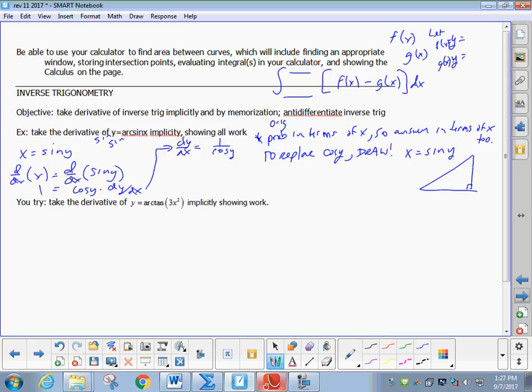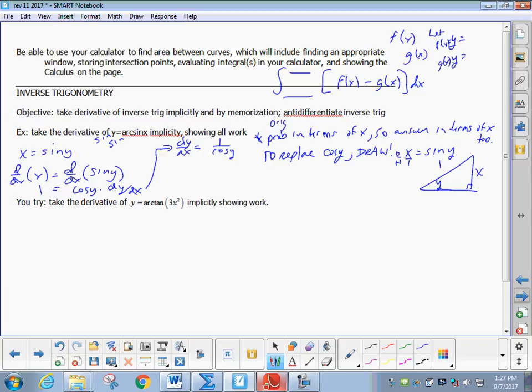What are the parts of the triangle implied in that statement? y is the angle, yeah? You take the sine of an angle, and what's x? Opposite over hypotenuse. So it's implied that opposite the angle y is side x, and the hypotenuse is side 1.